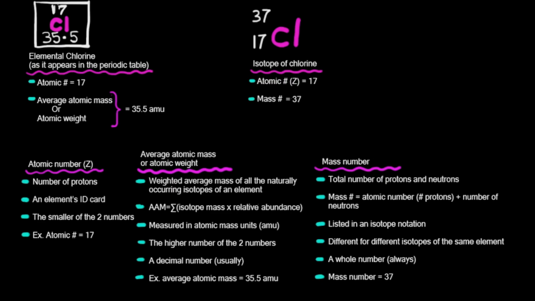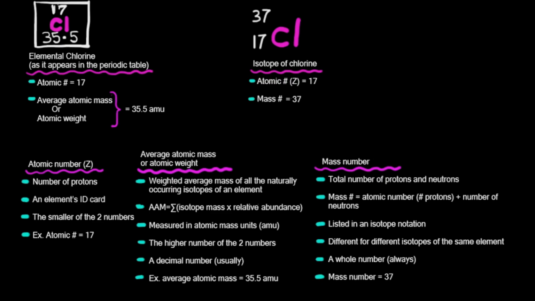It is measured in atomic mass units, or AMUs. On the periodic table, this number is typically the larger of the two numbers shown for each element, and it is usually expressed as a decimal value. For example, the average atomic mass of elemental chlorine, as shown on the periodic table, is about 35.5 AMU.